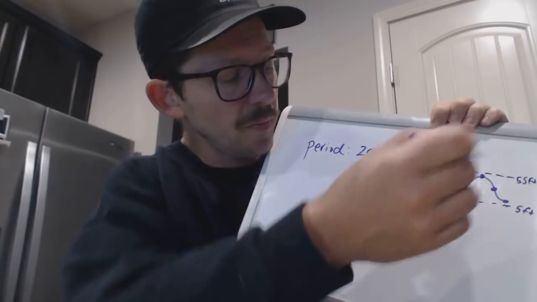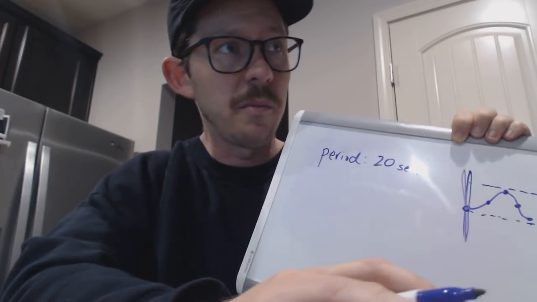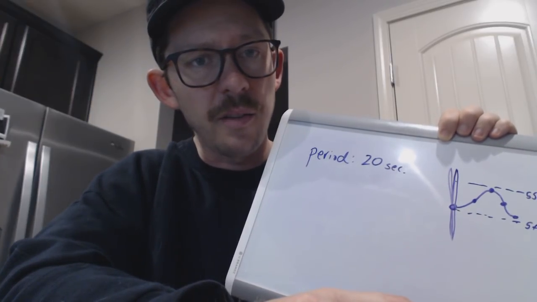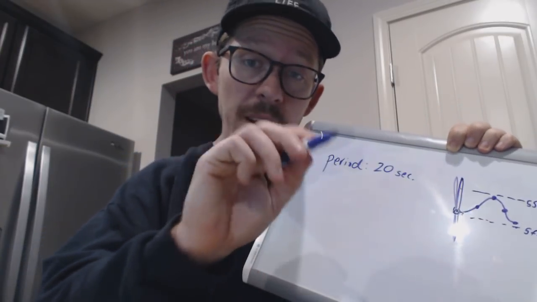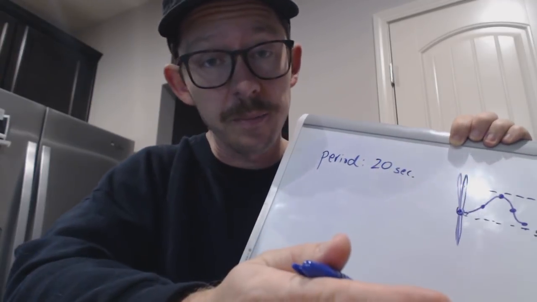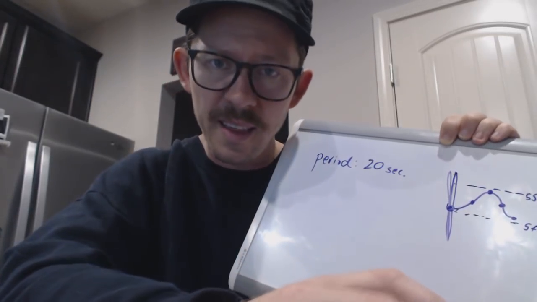If you ever start at the top or the bottom in a periodic function, I would probably go with a cosine graph. And you might say, well, how's it going to make cosine start at the bottom? Well, guess what? If I put a negative in front of that cosine, instead of starting at the top, it's going to start at the bottom, right? And if you ever start in the middle, I would go with a sine function, okay?